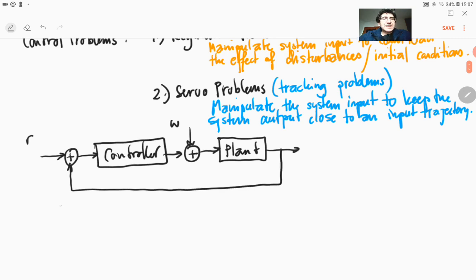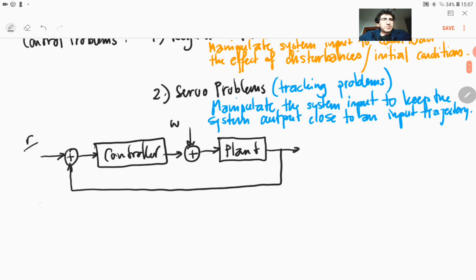So what we are saying is in the regulator problem, we assume basically that the reference is either constant or zero, and we have a signal at the disturbance. So we want to eliminate that disturbance. Or in the servo problem, omega is constant or zero, and the reference input has a particular trajectory.